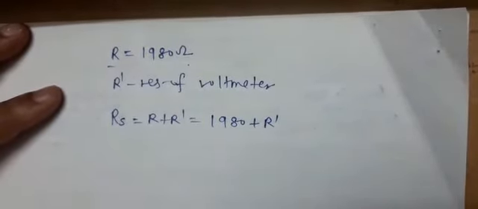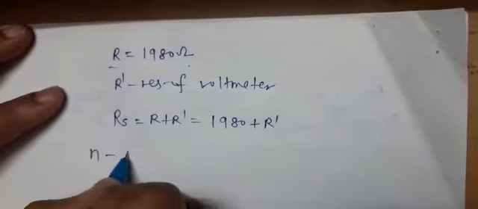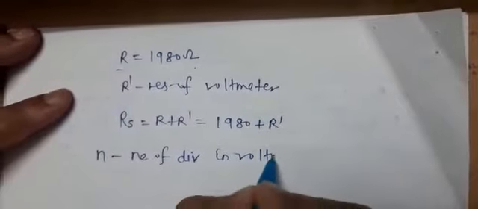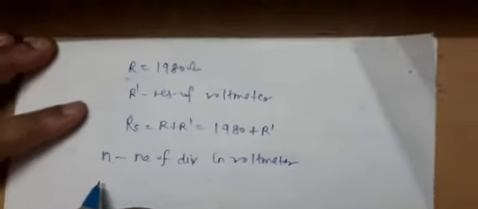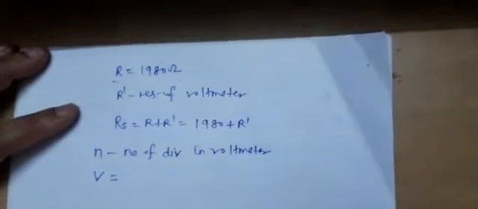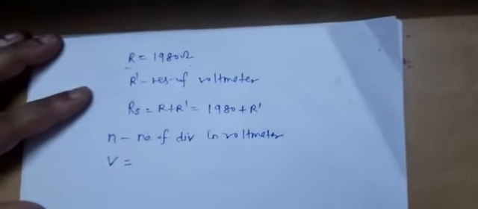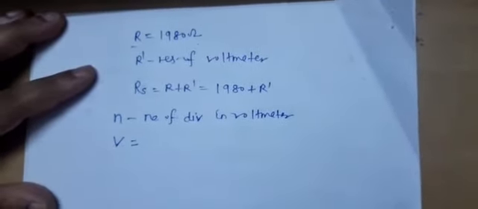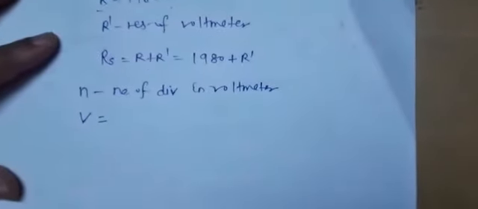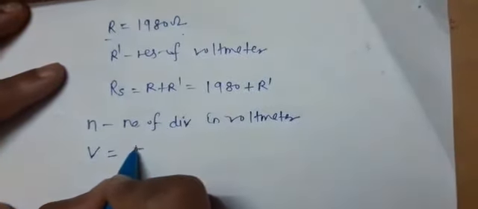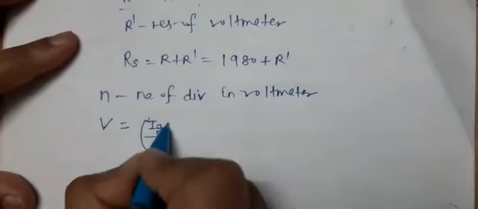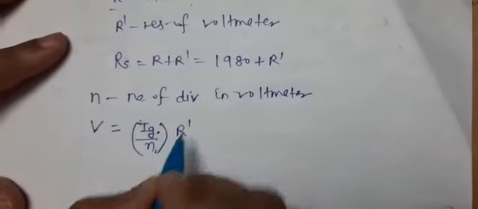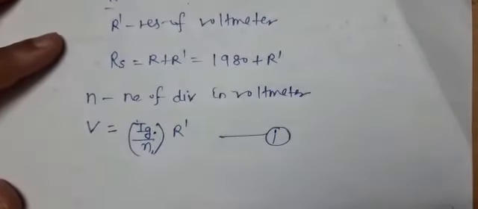Now let N be the number of divisions in the voltmeter. The voltage recorded by each division of the voltmeter is equal to the current for one single division multiplied by the resistance. The current for a single division is Ig upon N, multiplied by the resistance of the voltmeter. That will be equation 1.